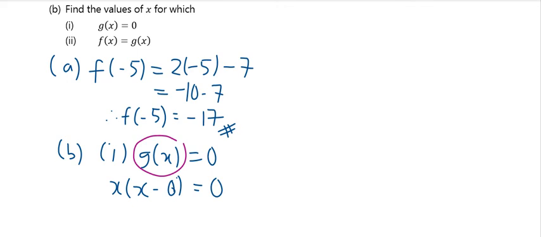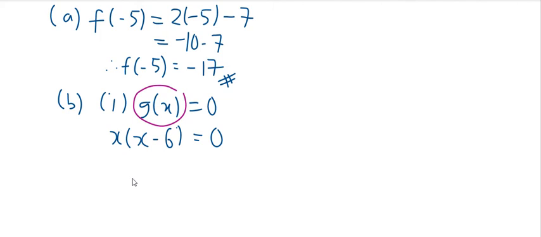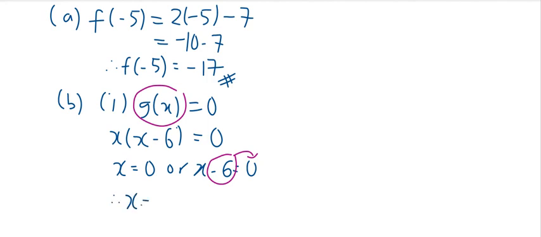So x equals 0 or x minus 6 equals 0. So you actually have the solution already here. You have two solutions over here, which is therefore x equals 0, or you can have x equal 6. So that's your second part.